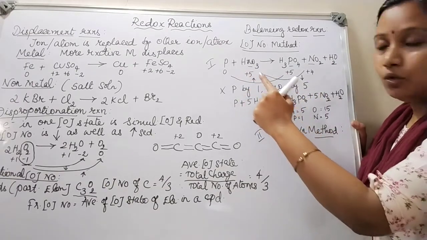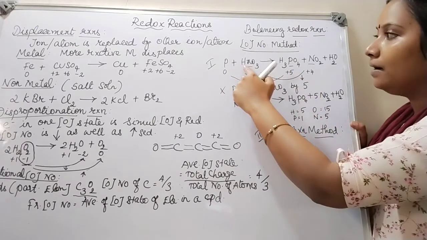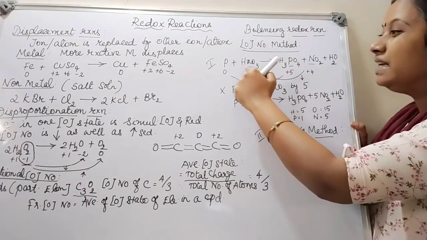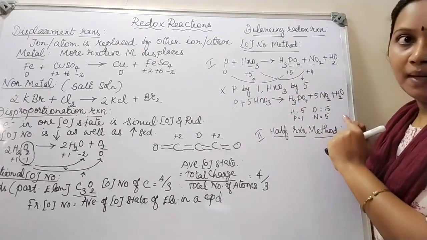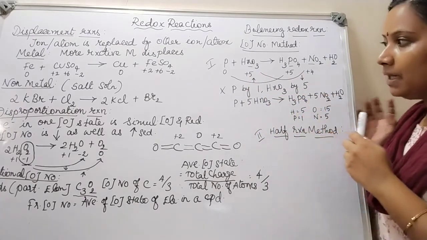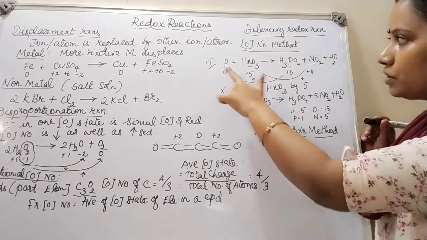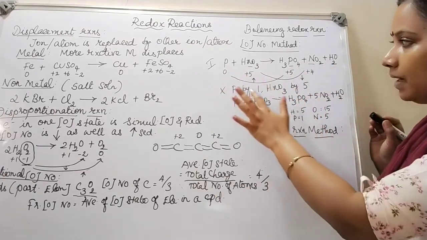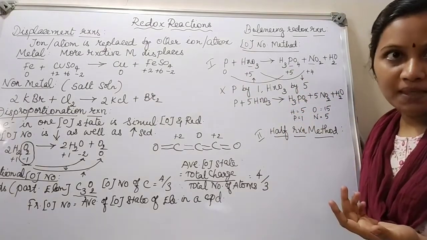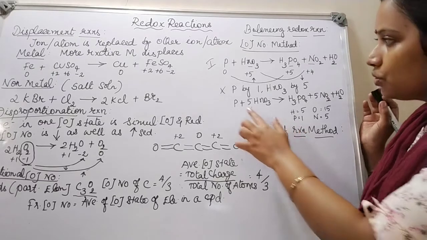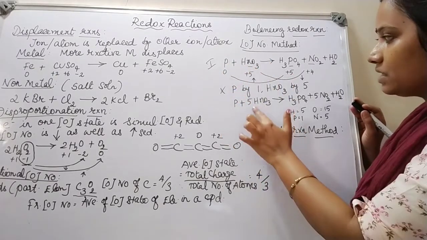Because phosphorus is increased from 0 to 5 and nitric acid is decreased from 5 to 4. So I am going to multiply the reaction. Some of the balancing of reaction will be done by trial and error method. So I have multiplied P with 1 and nitric acid with 5.